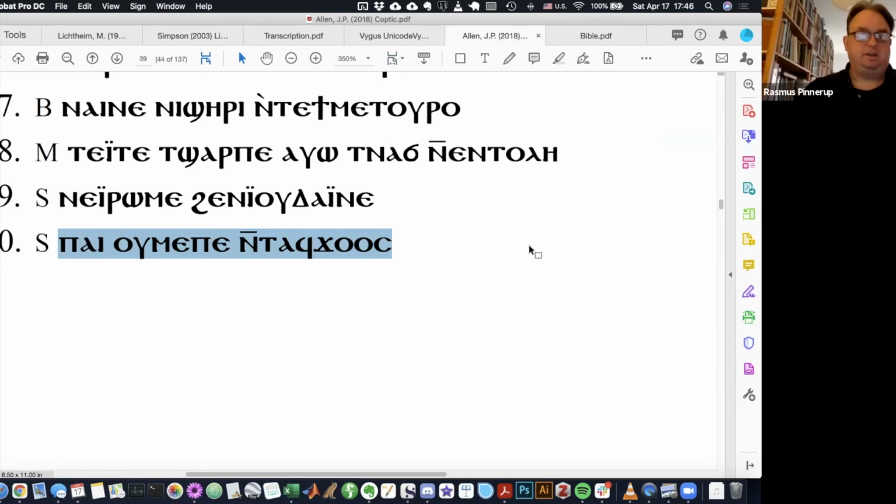Sure. So it's pi umepe ntafjos. And as far as I gather, it means this is true, which he said. Pi is the demonstrative pronoun meaning this, and then the pe is the copula again, here attached to an adjective, which is strictly just me.